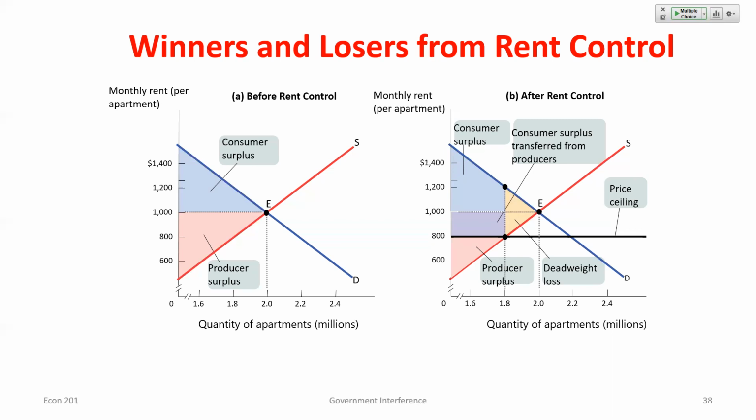What's another way I could find deadweight loss if I didn't want to use the area of this triangle? It might be a little bit more work, but I think it lines up with a more intuitive way of thinking about what deadweight loss represents.